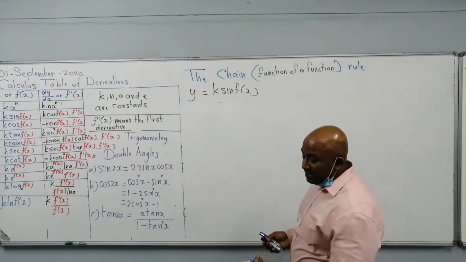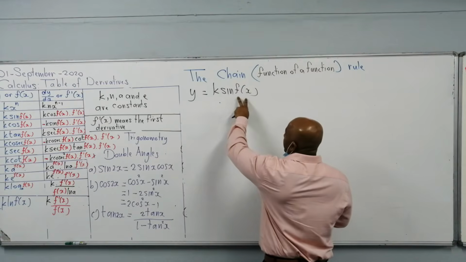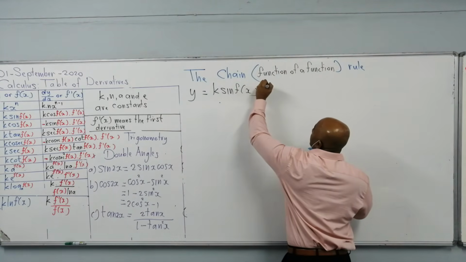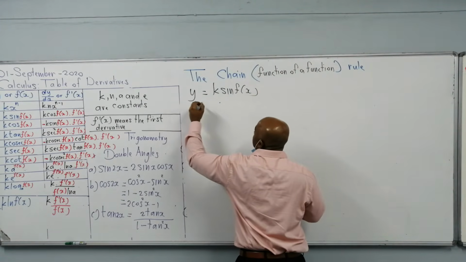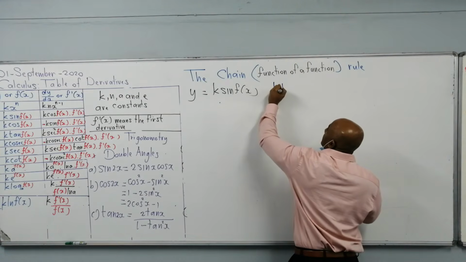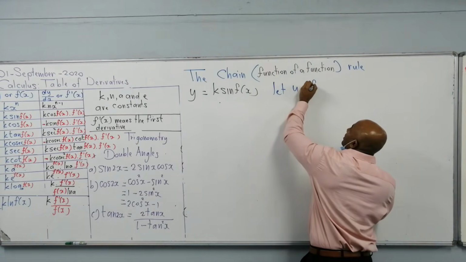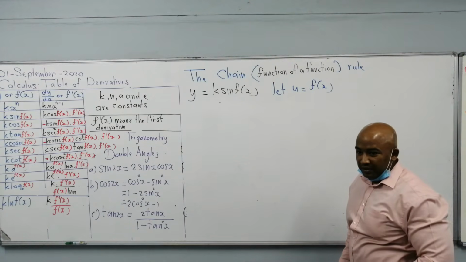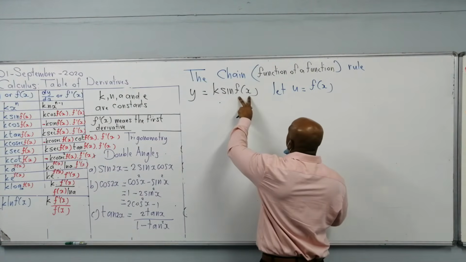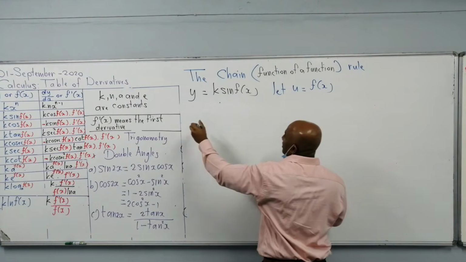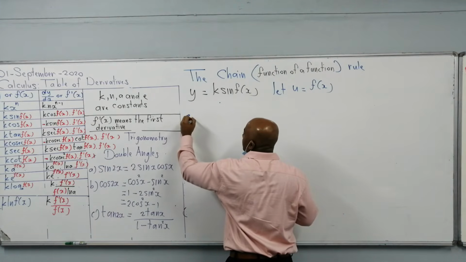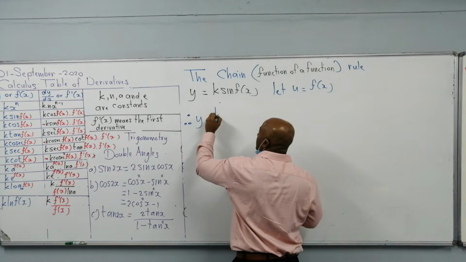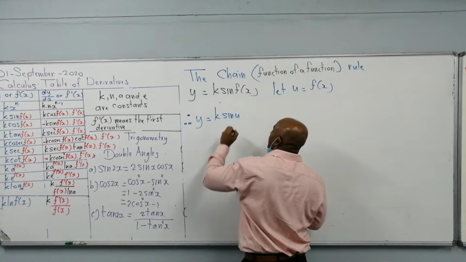So I can use a substitution here. What I can do is I can replace, I can say let u equal to f of x. Okay, so I'm going to replace f of x with the letter u. So I'm going to go therefore y is going to equal k sine u now.